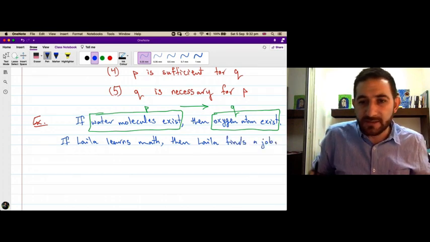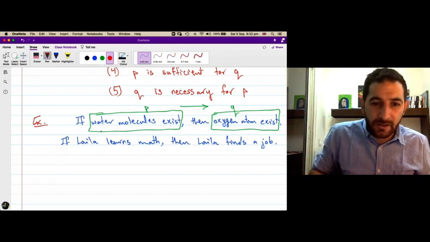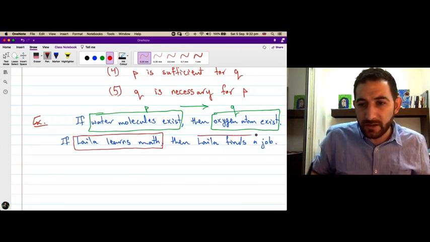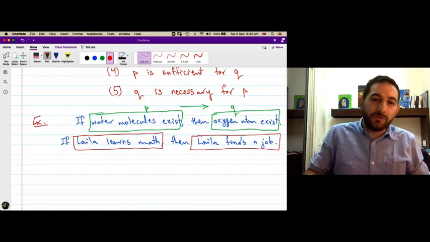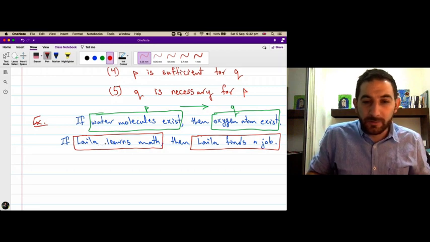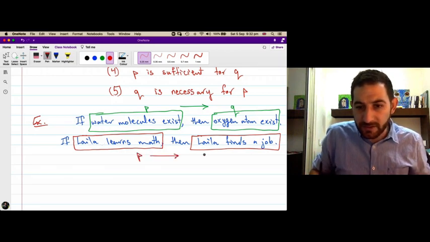And here again this is a conditional statement. Here is the hypothesis, Layla learns math, and here is the conclusion, Layla finds a job. And now this statement could be true or false. When could it be true? Say this is P implies Q.